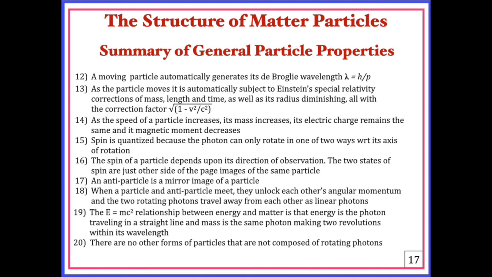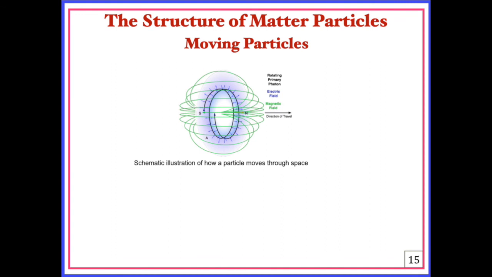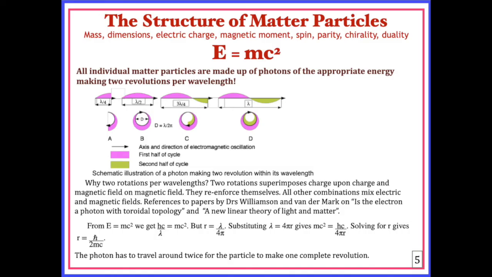There are no other forms of particles that are not composed of rotating photons. All of those are general properties of all particles under this rotating or toroidal photon model of structure. Aspects of those are common properties of all particles. Their origins are a natural consequence of the rotating photon's toroidal structure, and there's nothing difficult about any of them.